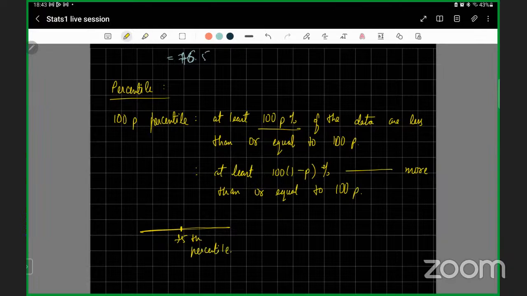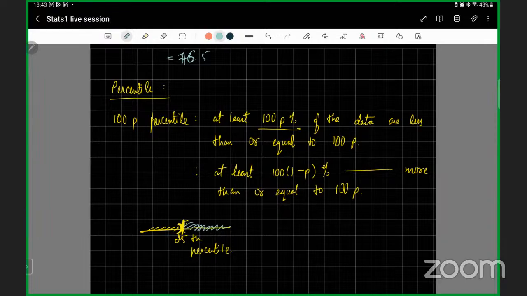So I am saying 25% of the data should be less than or equal to this value. Whatever this value is, 25% of the data should lie below it, right? Or I can also say that 75% of the data should lie above it, correct? Both can be said.